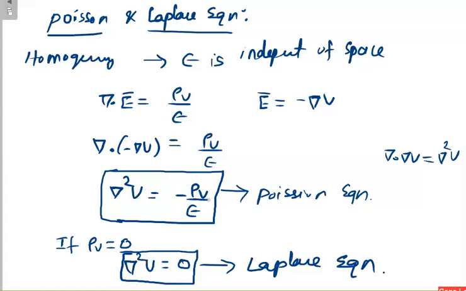Then how to calculate del square V for different coordinate systems. First of all, we will see what del square V is.